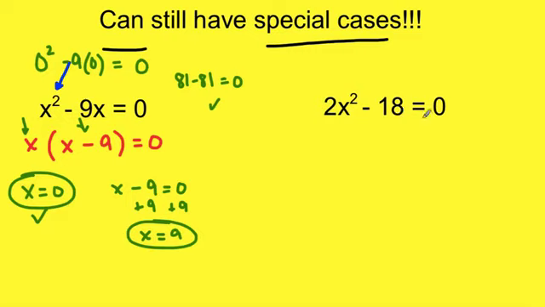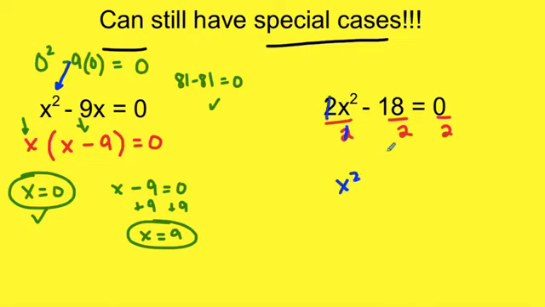All right, another case, something like this: 2x squared minus 18. So because it's an equation now, I don't necessarily have to factor out the 2. As long as it's a number, I can't divide by a variable. But if it's a number, I can actually first simplify the equation by dividing every term by 2. Now again, you cannot divide by x. Like in this case, I couldn't have divided by x, but I can divide by an integer or a number. All right, so then the 2's would cancel.